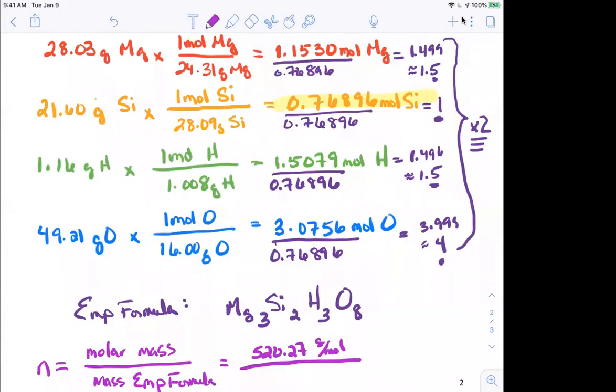And what I get when I add this up is 260.134 grams per mole. So that's going to be the denominator here.